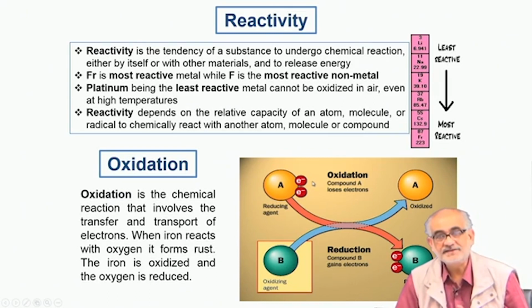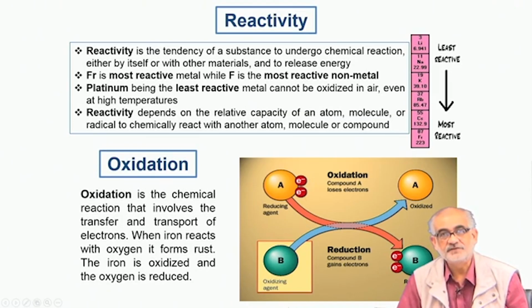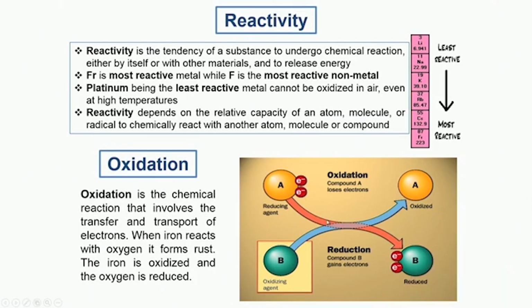So any solid, if it is polar in nature, will always have a tendency of dissociating. We are aware that it can give up electrons and get oxidized, going into the oxidation state, or if it acquires electrons, then it gets reduced.